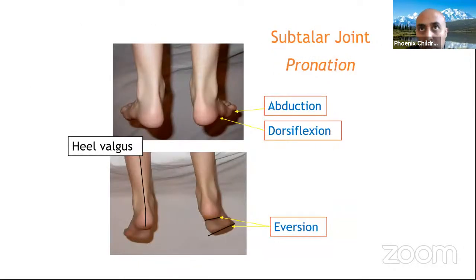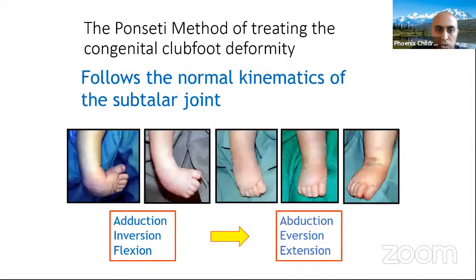And what we want to get to is the foot in the pronated position, where the forefoot is abducted, the ankle is dorsiflexed, and the hindfoot is everted. So the Ponseti method, using the kinematic coupling of the subtalar joint, takes the foot from an extreme supinated position, which is shown on my left, to a pronated position, which is on my right.